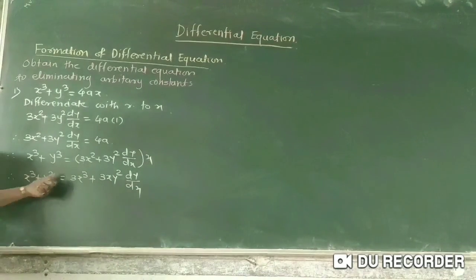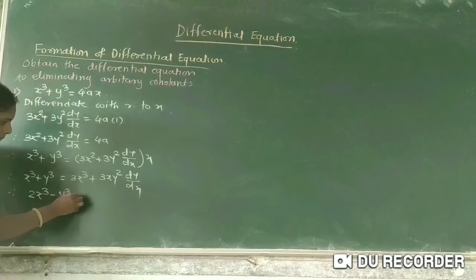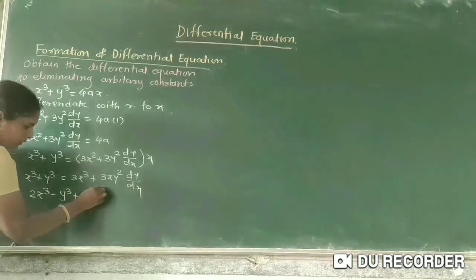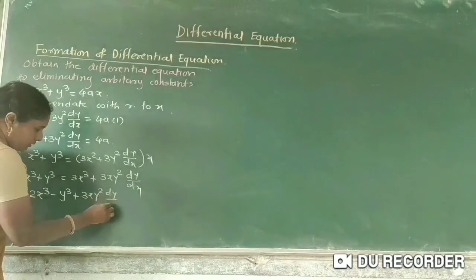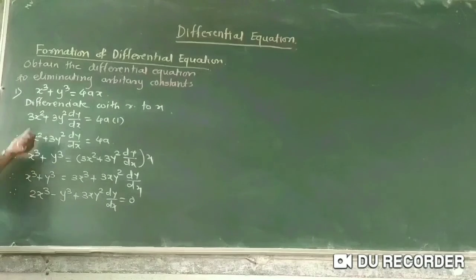Here x cube, here 3x cube. Take these two terms to the right hand side and simplify it. We get 3x cube minus x cube is 2x cube, minus y cube plus 3xy square dy by dx is equal to 0. This is the differential equation of x cube plus y cube equal to 4ax.